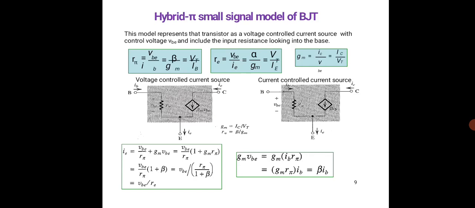Okay, so we know that it is a voltage controlled current source. So the source is a current source, but it could be controlled either by a voltage or by a current. So that's what has been shown, and in the box you can see the representations, first for voltage control and the second one for current control.